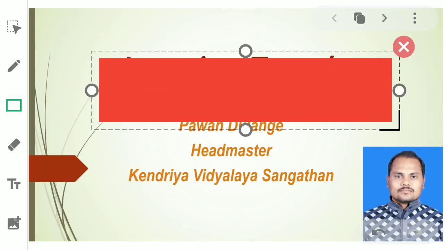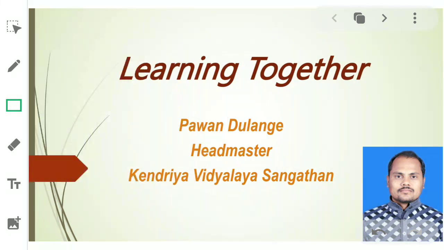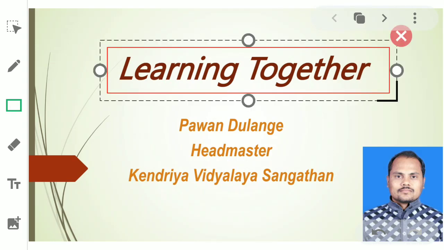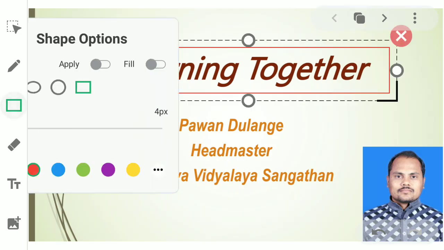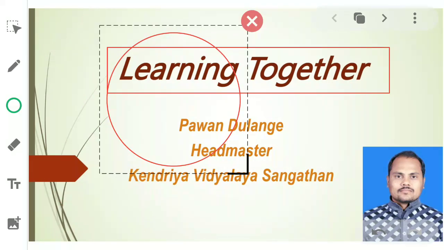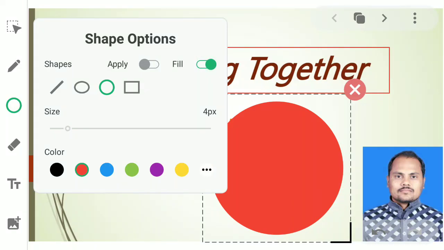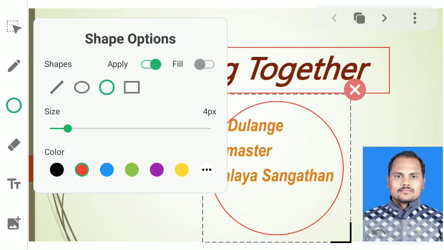Okay, I chose fill 1. I don't want fill 1. Okay, so you can choose different types of shapes you can draw. If you want fill 1, like this. If you don't want, then okay.